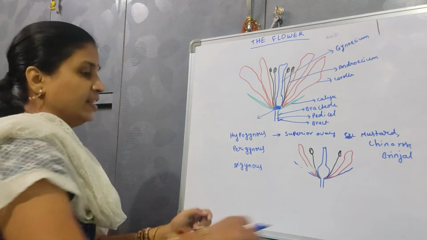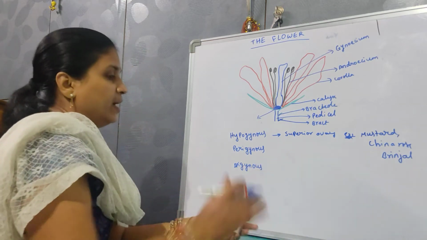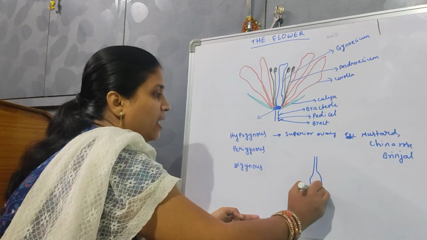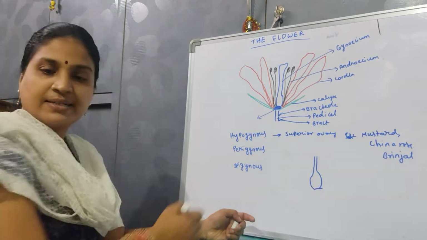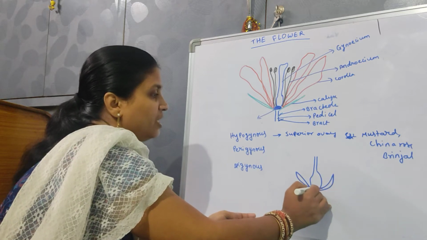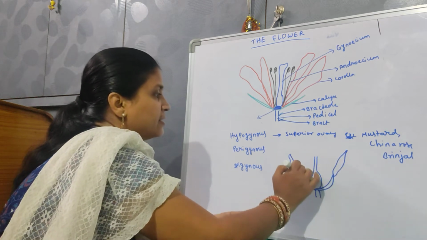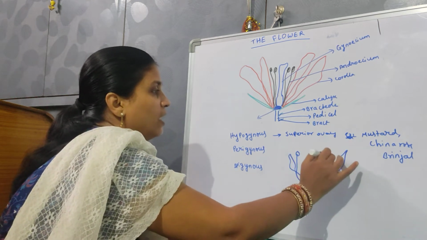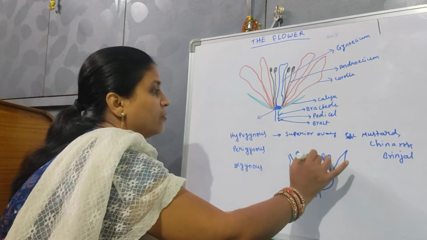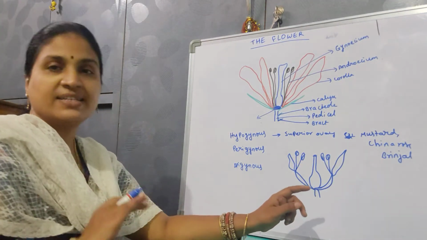Coming on to perigynous. What happens? The ovary will be present like this, and at the periphery of the thalamus, the petals, the stamens are going to come, where the position of the ovary and the other appendages are at the same level.